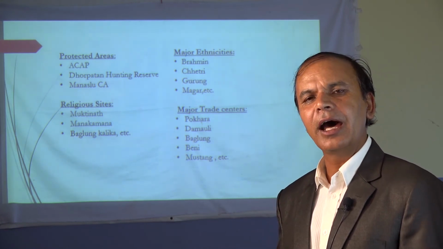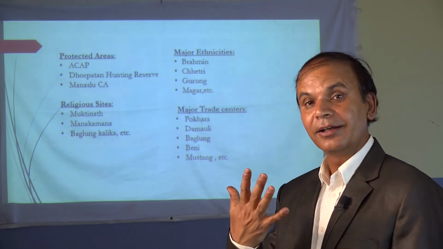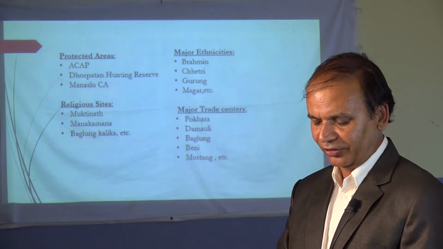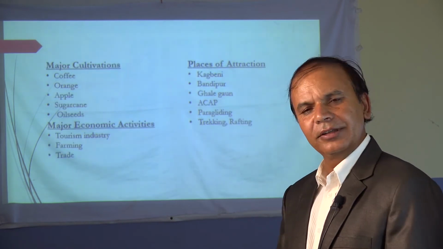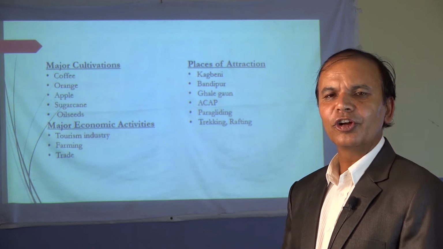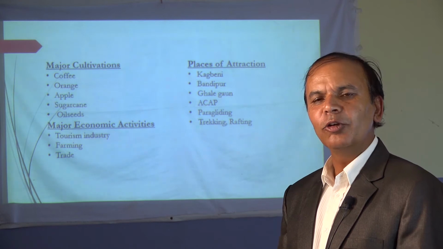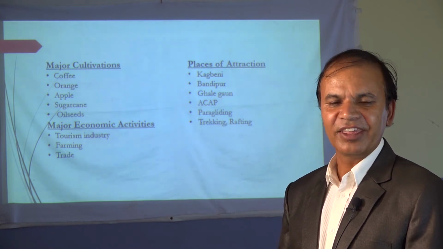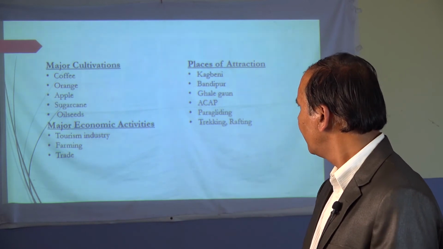These are the mega cities of province number four, which later was named Gandaki province. Major cultivation: coffee is grown here. In Gulmi, Arghakhanchi, and Syangja districts, our neighboring districts, coffee is grown widely.